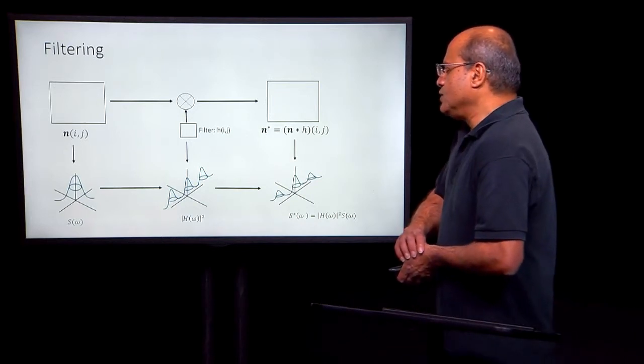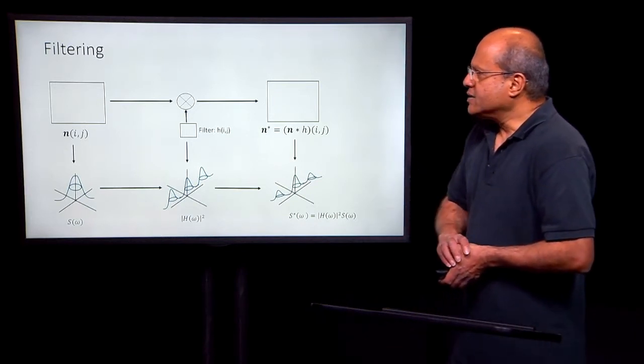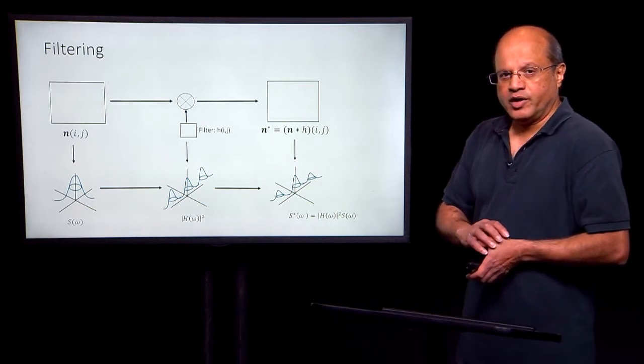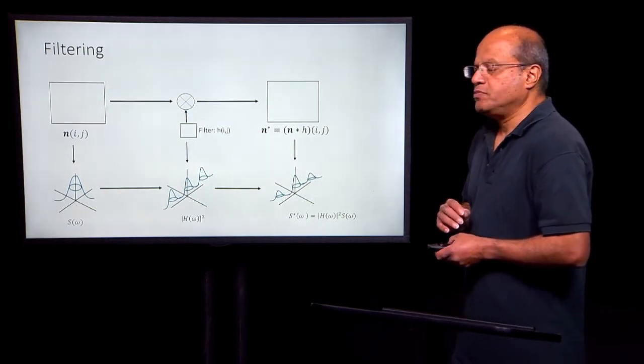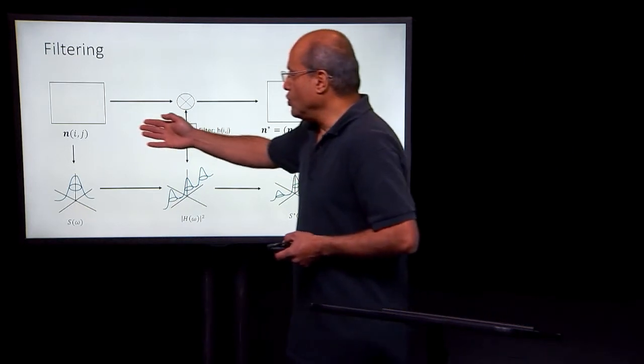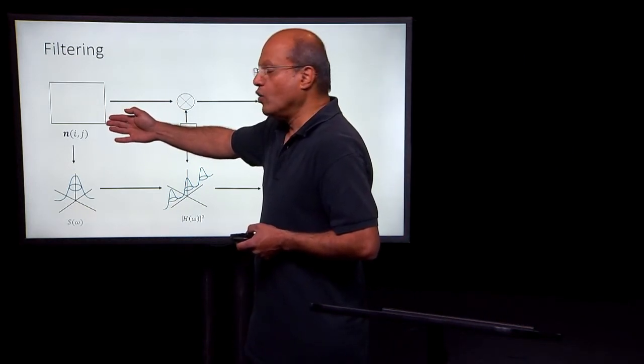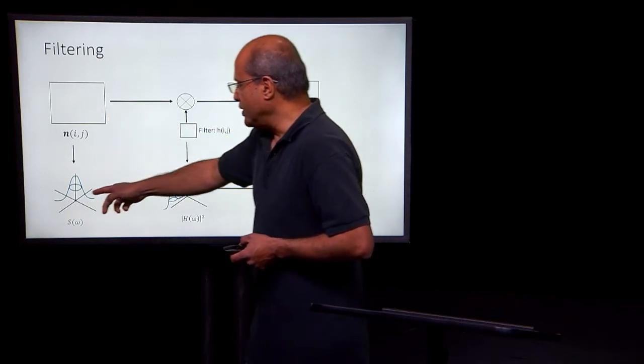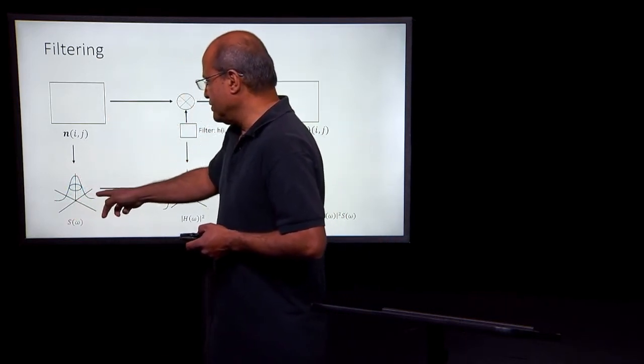Okay, so the next aspect of the spectrum of noise has to do with what happens to the spectrum of noise when you filter a noisy image. So let's take an image that just has noise in it. And let's assume that it has a spectrum that looks like this.